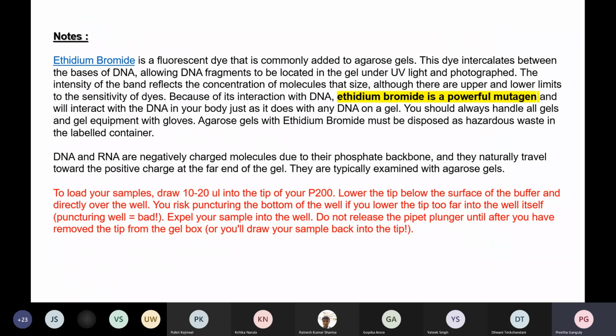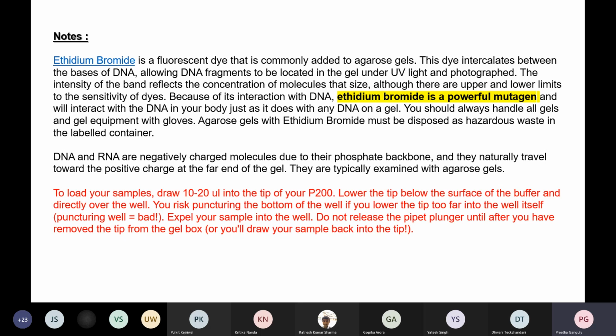Ethidium bromide, as I have already mentioned, is a fluorescent dye. It just intercalates between the bases of the DNA and helps us to localize where the DNA is present under UV light. But the problem with ethidium bromide is that because it can intercalate with DNA, it can intercalate with the DNA of our body also.